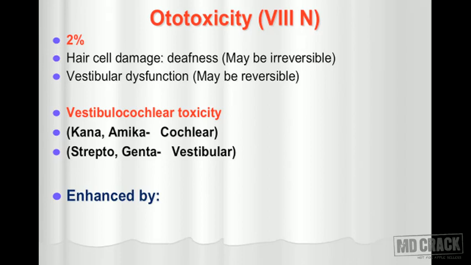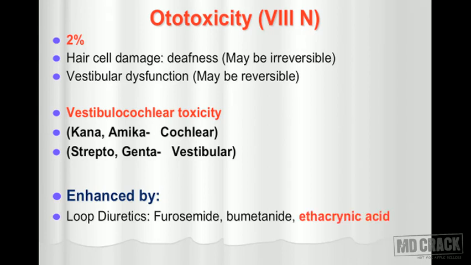This toxicity also can be enhanced by certain agents which are known to be ototoxic. And I hope you remember the most important agents are loop diuretics. Loop diuretics, examples, furosemide, bumetanide, and ethacrynic acid. If you have a look on this slide, I have written ethacrynic acid in red.